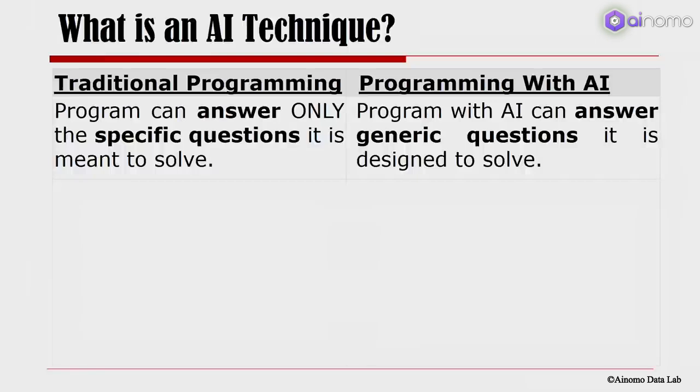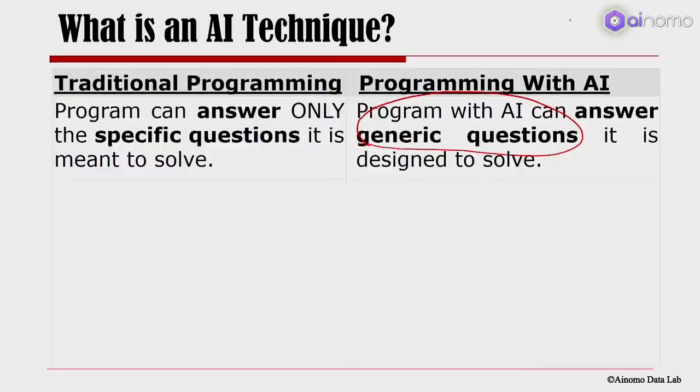Whereas if I am doing programming with AI, the idea is to get answers to generic questions rather than only specific questions that I am asking. Like here, one could take the example of playing a game of checkers or playing a game of chess, or more interestingly, what we will exploit is a game we call 8 puzzle, where I have 9 tile positions and one of the tile positions is free so that I can move it around.